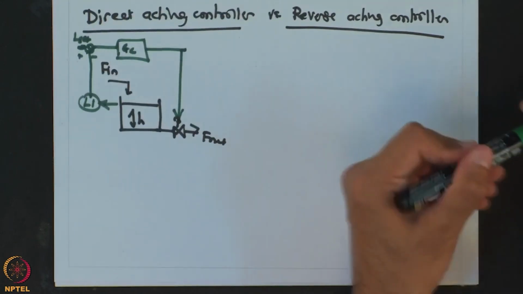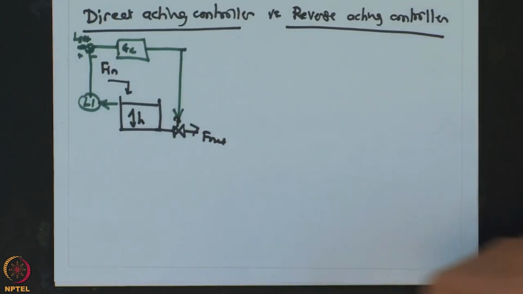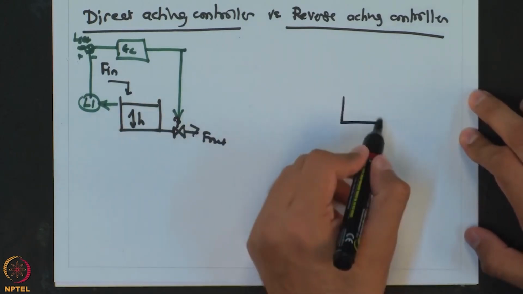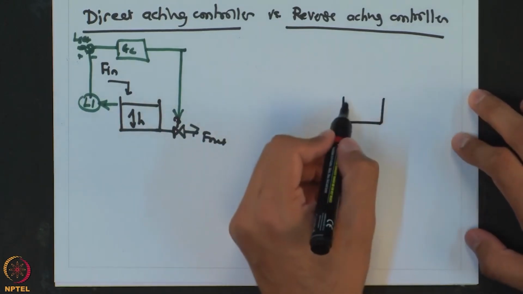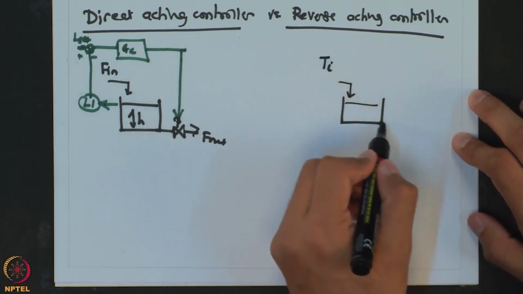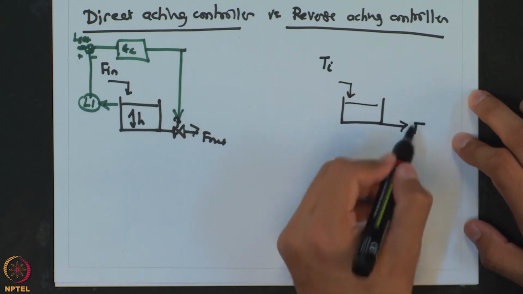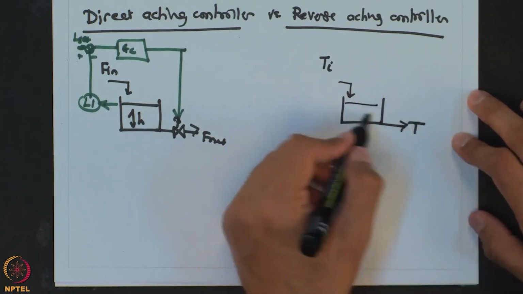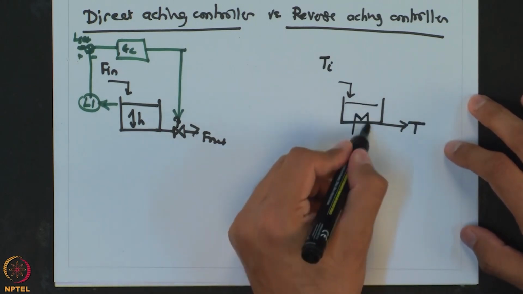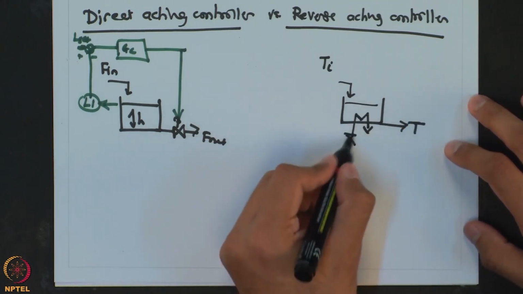Now, let us consider a second example. Again, the system we had considered earlier is the stirred tank heater, where you have some feed coming in at temperature Ti, and you want to control the temperature inside this vessel to some value T, and that is done by changing the heat flow into this system.